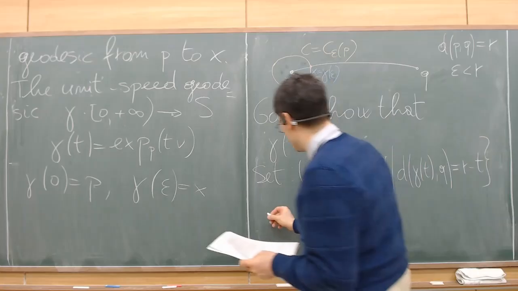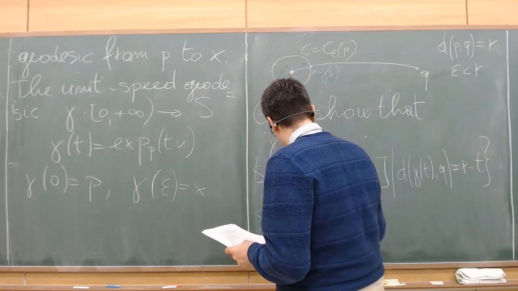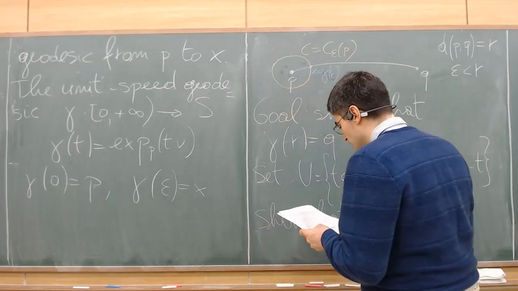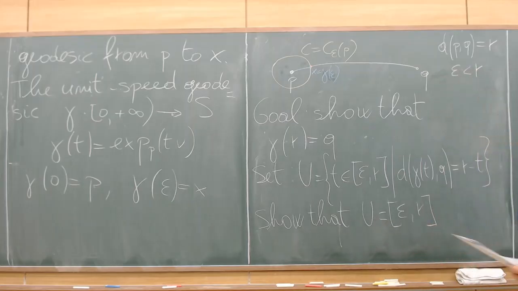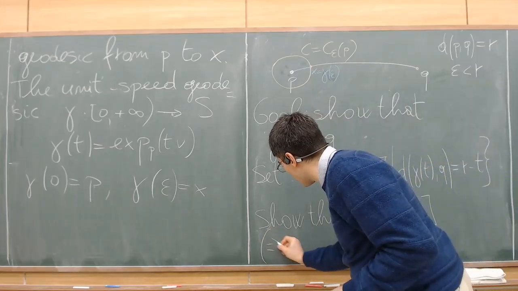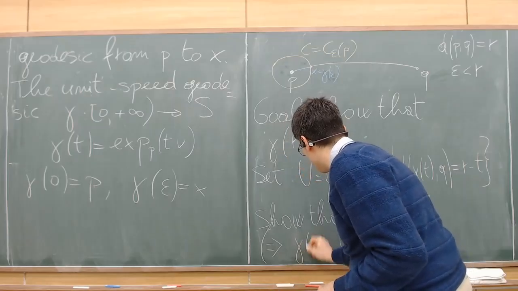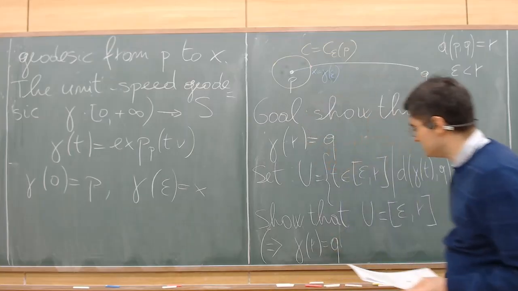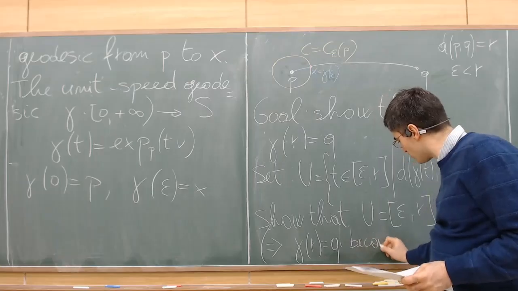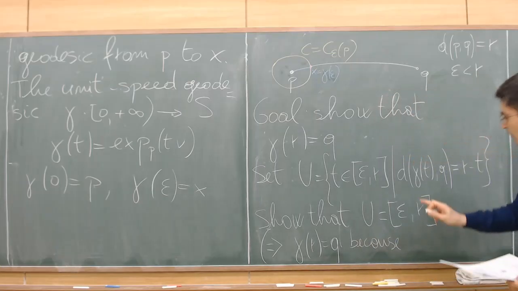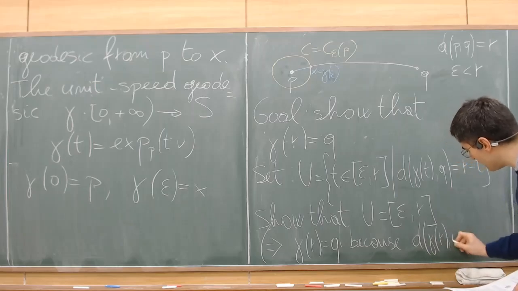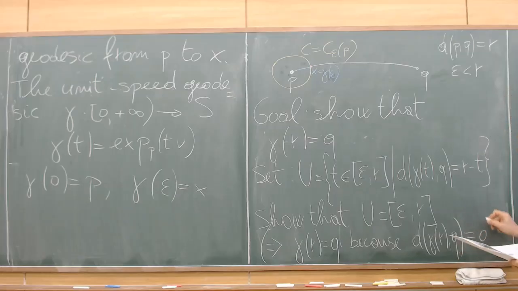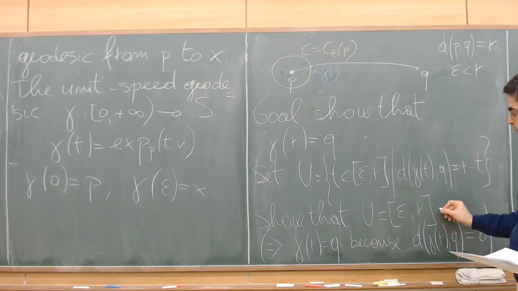We have to show that U coincides with [epsilon, r], and if we do this, we have that gamma(r) is equal to Q, because if we replace r into this formula, we get the intrinsic distance of gamma(r) to Q equals 0. So our goal is to prove this identity.